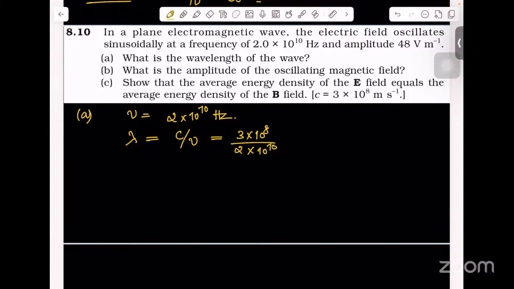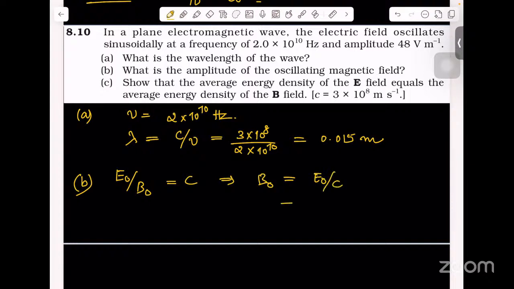So this answer is 0.015 meters. Okay. Next, what is the amplitude of the oscillating magnetic field? Okay. So E naught upon B naught is c. That implies B naught will be E naught upon c, right?